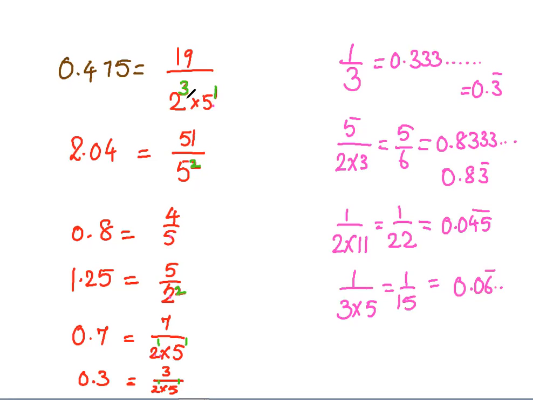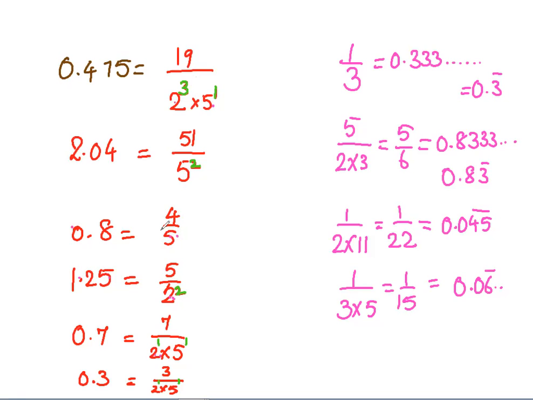If the denominator has powers of 2, like 2 power 3 or 4, 5 power 1, powers of 5, or powers of 2 and 5, then the rational number will terminate. If the denominators are powers of 2, it is a terminating decimal.